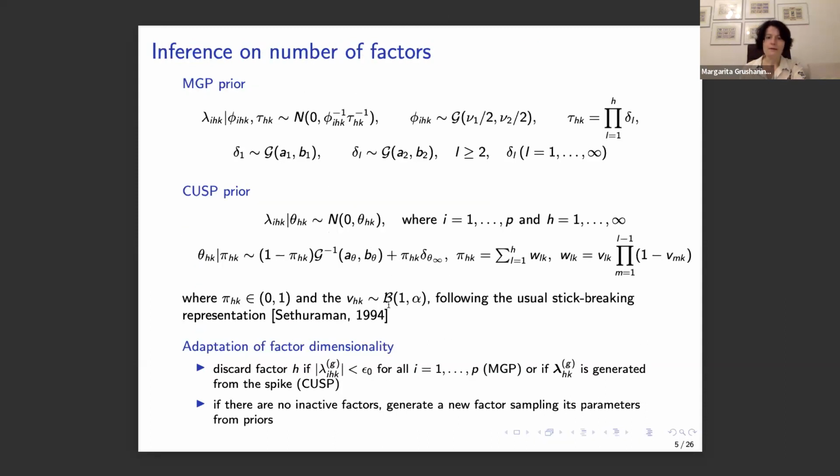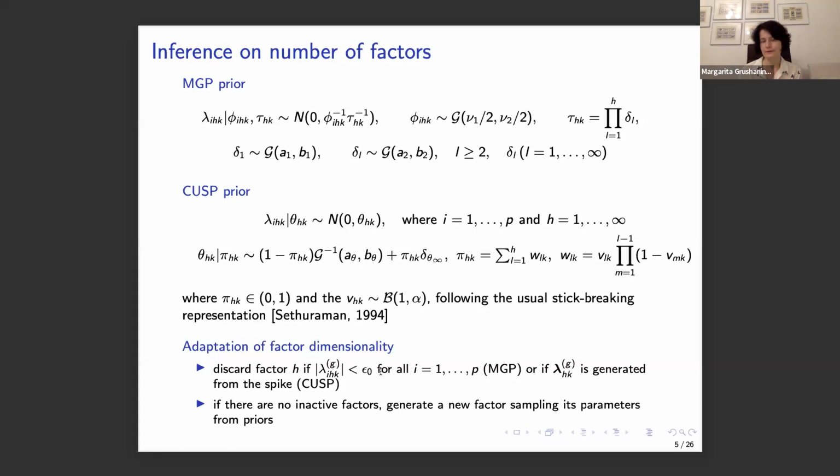So how is the adaptation of the factor dimensionality done? At some iteration, if we use the multiplicative gamma process prior, then we have to choose some neighborhood of 0, epsilon, and we see if enough elements in the column are less than this epsilon in magnitude.